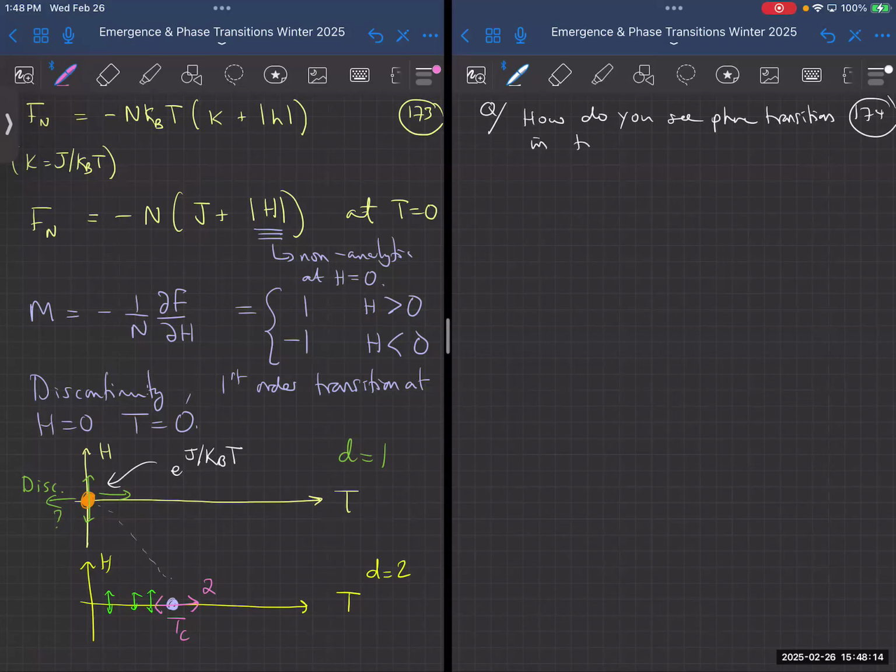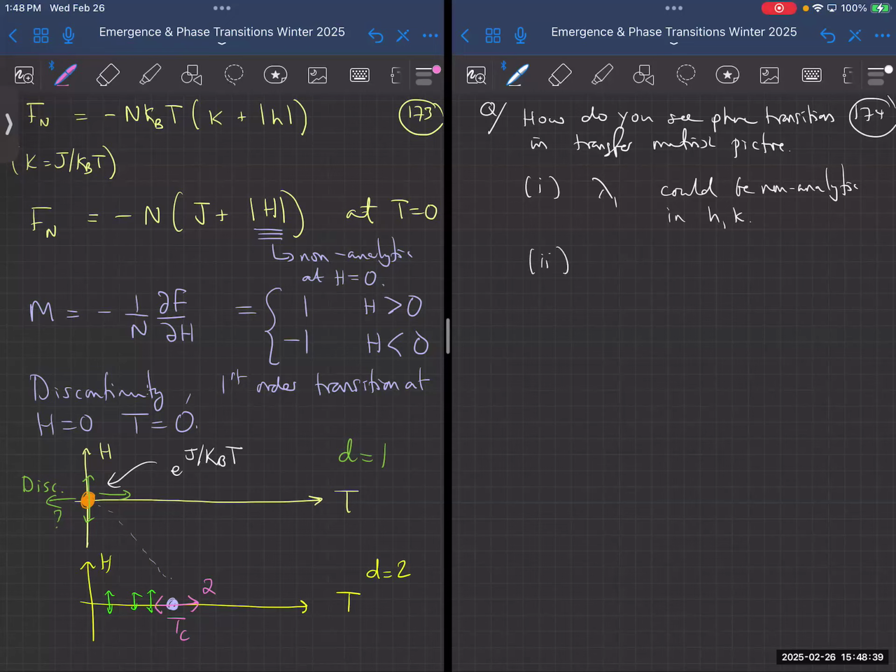In the transfer matrix picture, there are basically three ways. I could have that lambda 1 could be non-analytic in H and K, that'd be one thing that could happen.